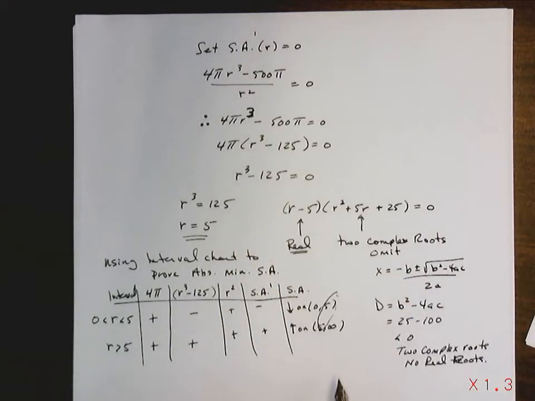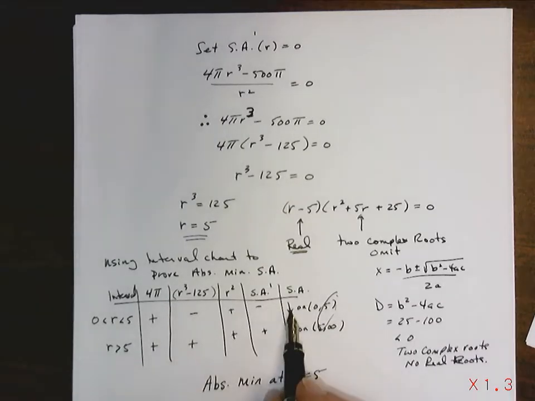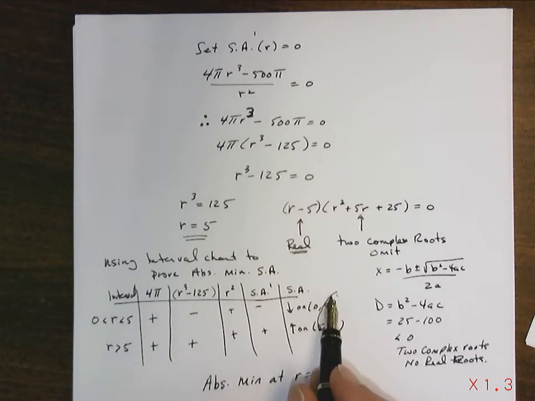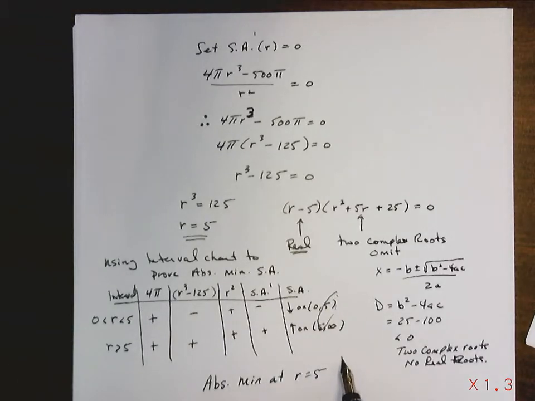You're going to have an absolute minimum at r equals 5. How do I know it's an absolute minimum? Because it's decreasing everywhere to 5, then it's increasing after 5, and it doesn't get a chance to change after that. It keeps increasing after this, and it's decreasing all the way in here.